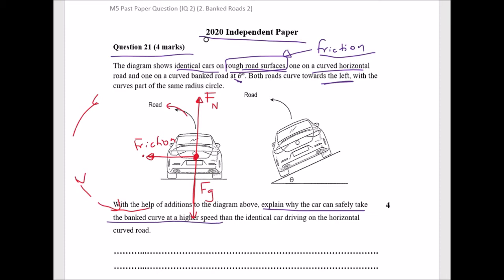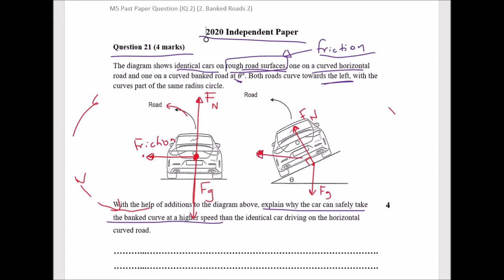The second one, we have a car. I'll just draw it here. We have the weight force down here. We have the normal force that's acting 90 degrees to the surface. So that's F normal. And then we have the centripetal force or the force component of Fn.